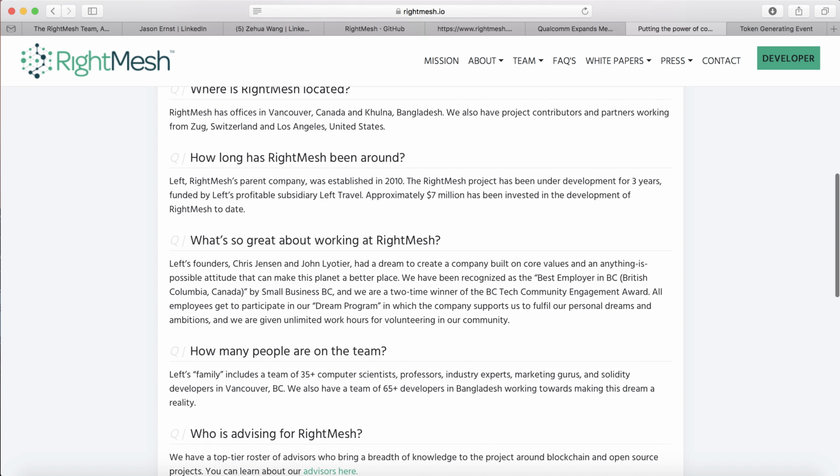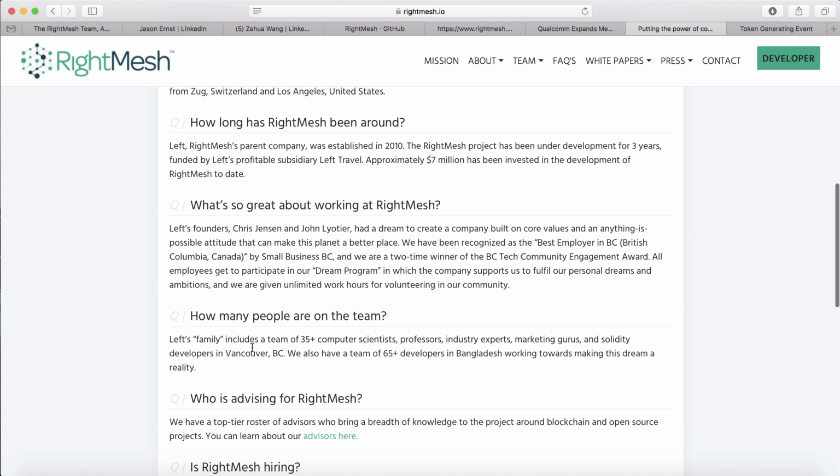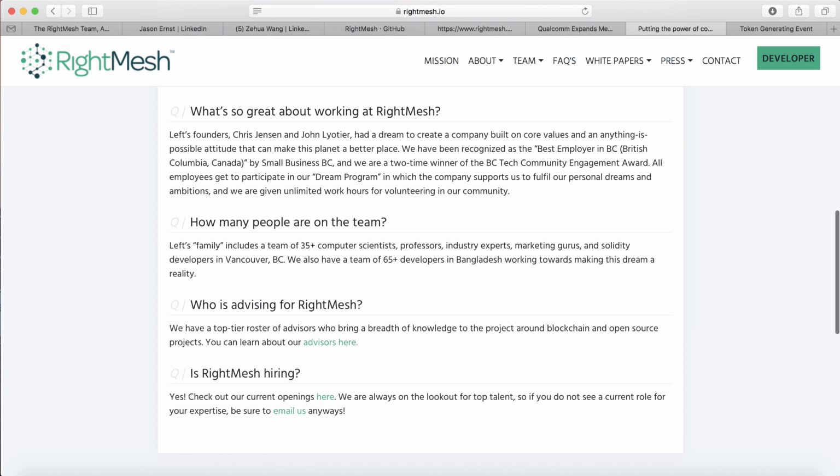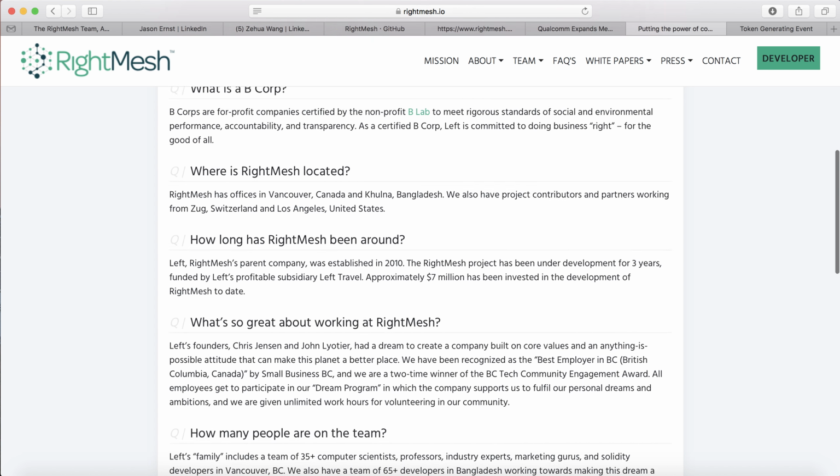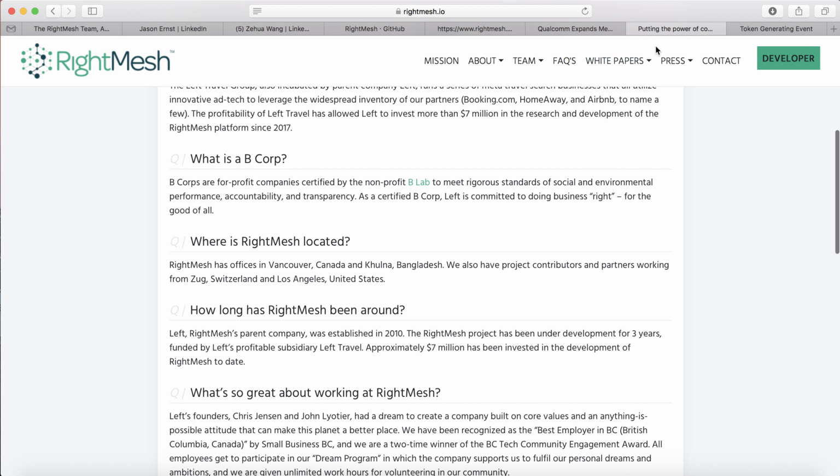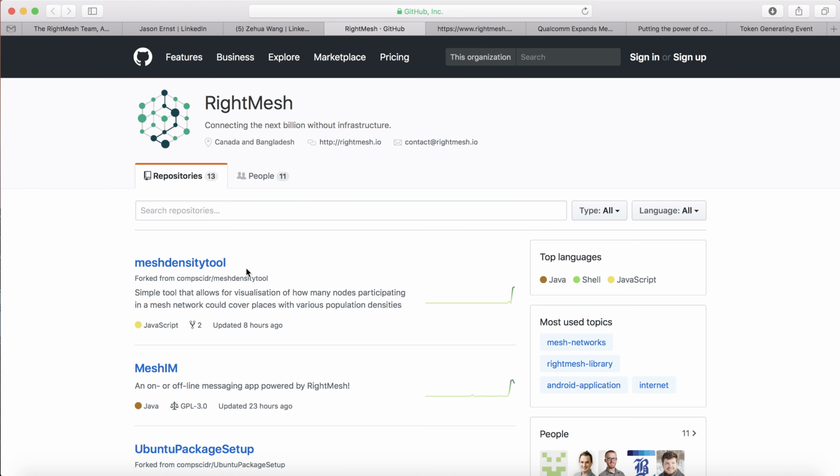How many people are on the team? They have about 35 computer scientists, professors, industry experts, and marketing gurus in Vancouver, BC. They also have a team of 65-plus developers in Bangladesh. Wow, they have a lot of people working on this project. And on GitHub, they just had an update 8 hours ago.